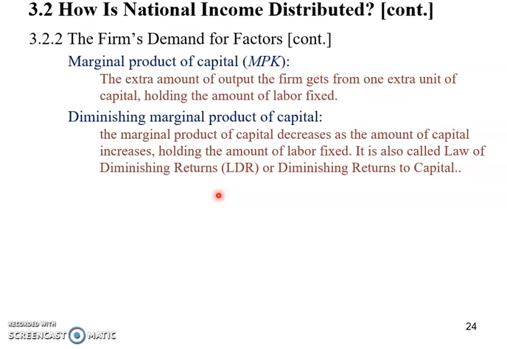It is also called the LDR, law of diminishing returns, or diminishing returns to capital. Again, we already discussed LDR in the previous video, but that's LDR to labor. Here it's to capital. Now, what's the economic intuition behind this law?